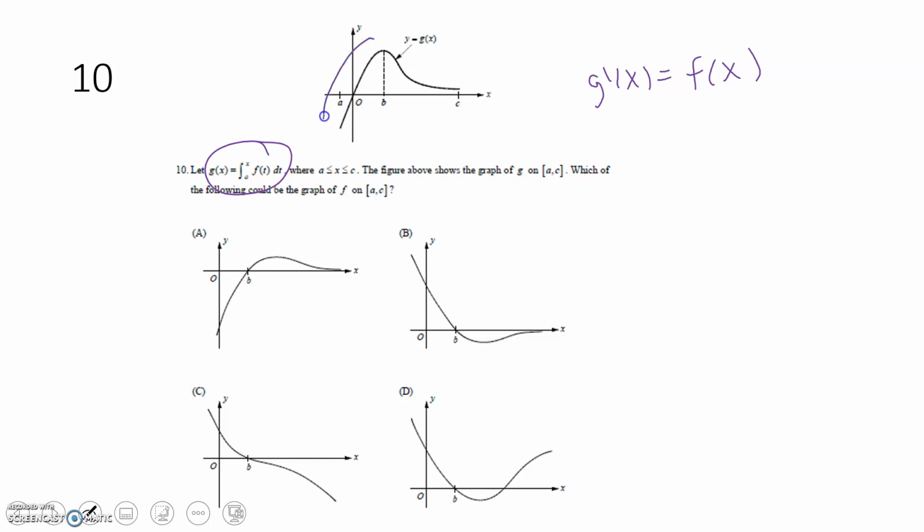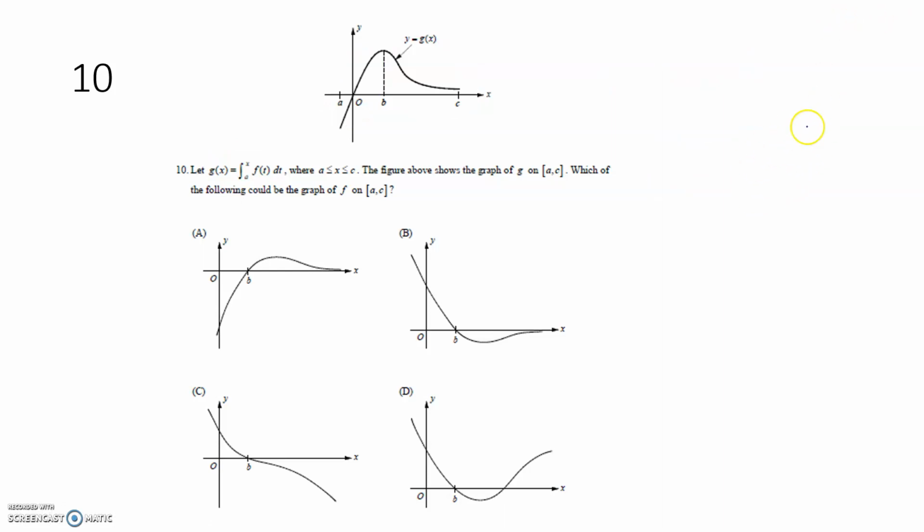So we notice here on a to b that the slope is positive. So we know then that from a to b, our f of x will have positive values. And then we see here that on b to c, our slopes are negative. So we expect to see negative values.